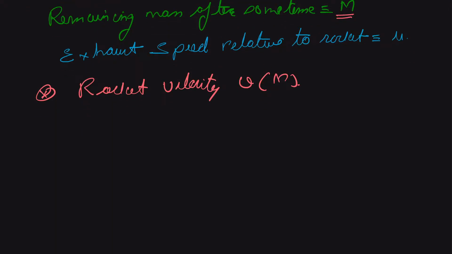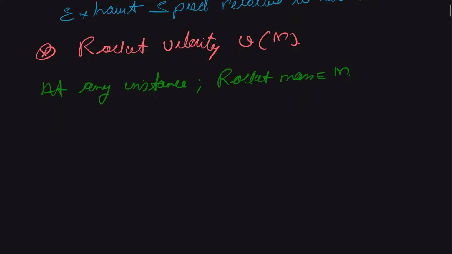So we say at any instant rocket mass is our capital M, and rocket velocity is suppose v.